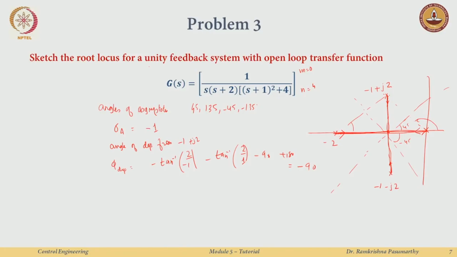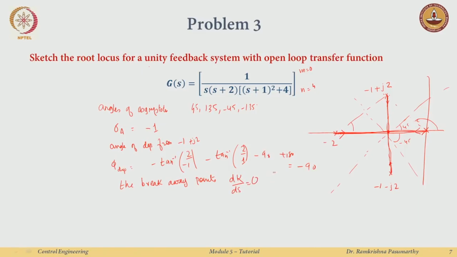So, everybody is meeting here, well, that is what it seems like, right, and then what do they do after they meet here? Well, now let me compute the breakaway points, again by setting dk by ds equal to 0.